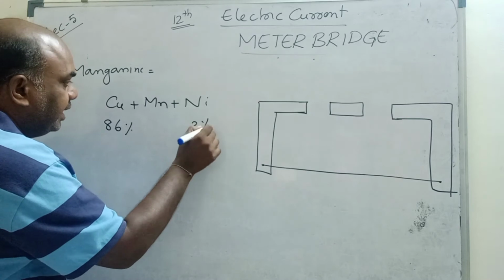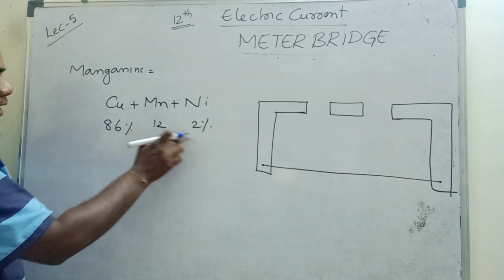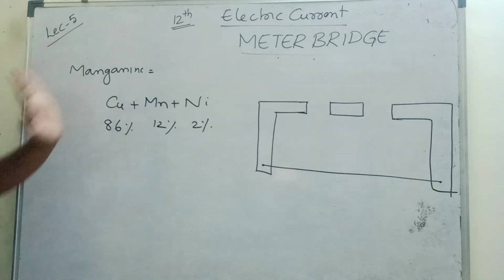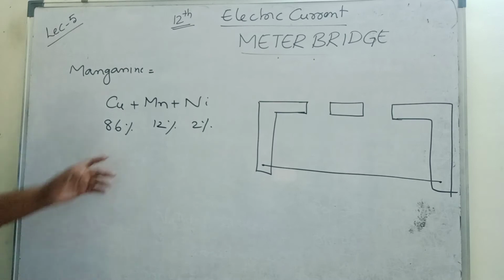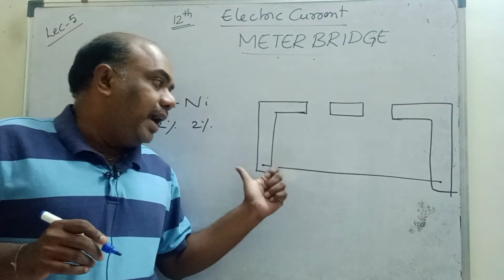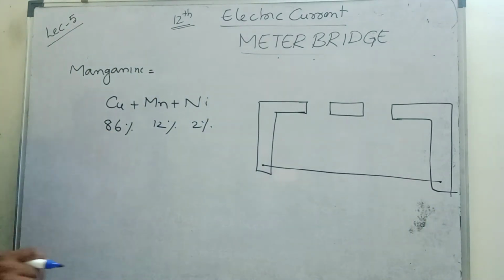This combination is called manganin wire. Manganin wire's resistance is very low, so a 1 meter manganin wire is attached between these two terminals. Understand, children? This is an alloy.